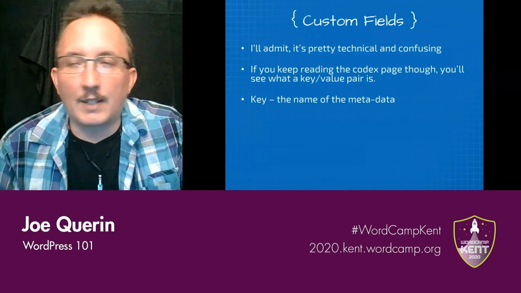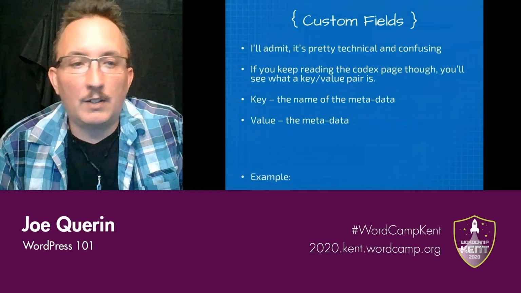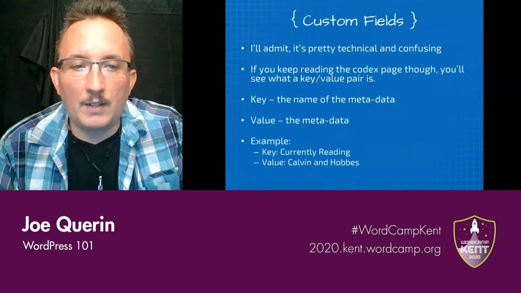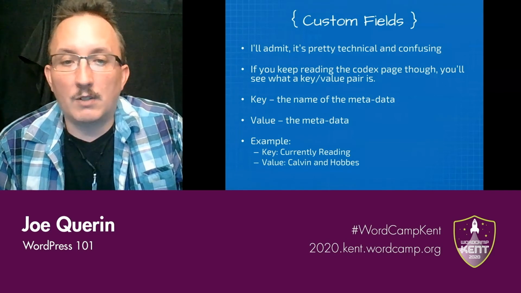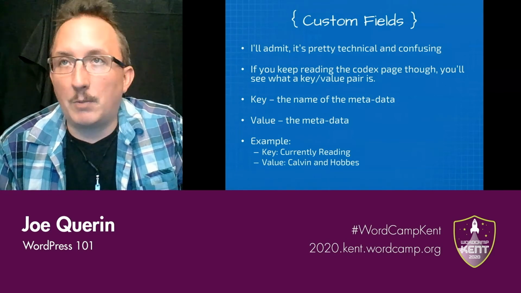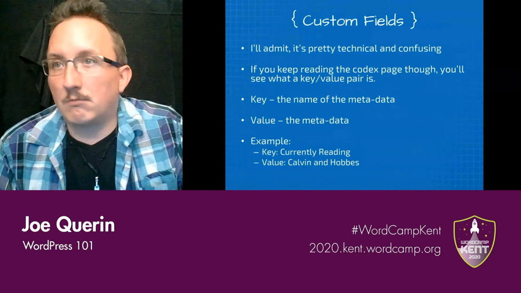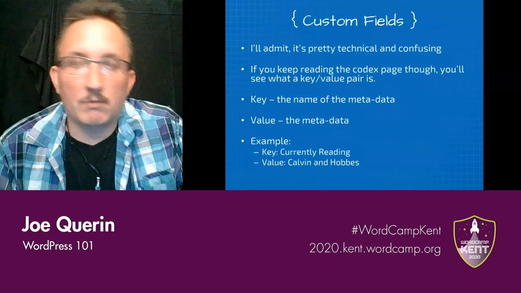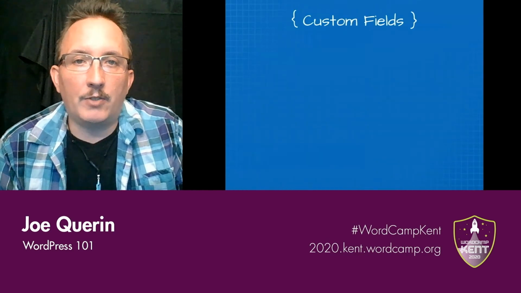A key is the name of the metadata, and the value is the metadata. So as an example, the key is currently reading. The value is Calvin and Hobbes. So your key could be food, and the value could be banana, chicken, shrimp, whatever. You kind of get the idea of a key value field.